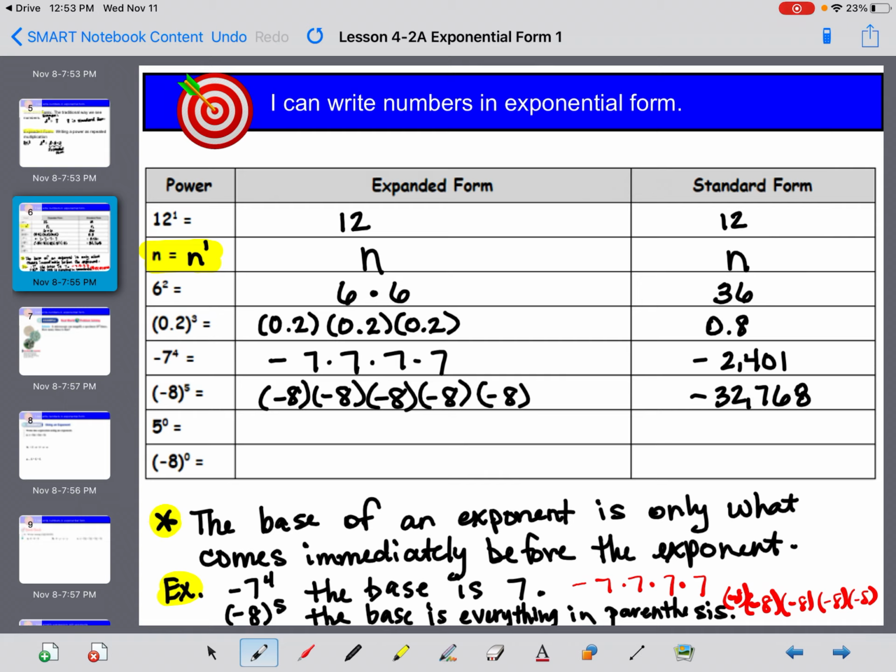The next thing, 5 to the 0 power. I'm going to prove this part to you later, but for right now, I just want to establish with you that any number raised to the 0 power is 1.